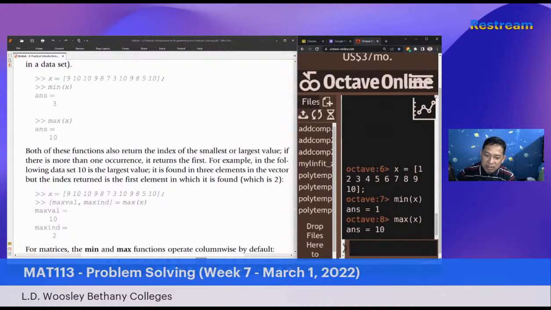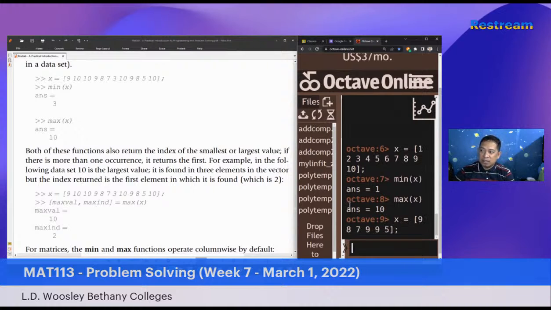So based on this data, perhaps we could change the data now. X would be, say, equal to, so marami tayong data sigurong magkakatumbas: 9, 8, 7, 9, 9, 5. For instance, that's your data set.